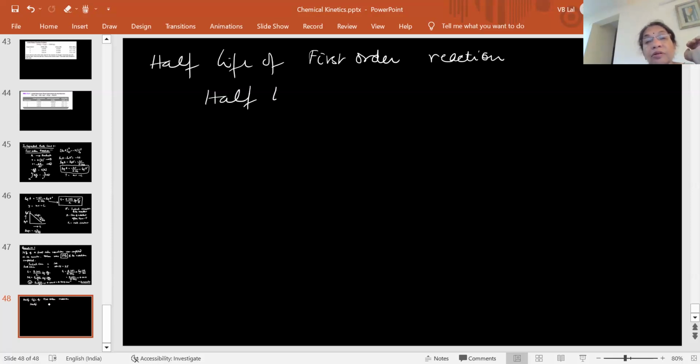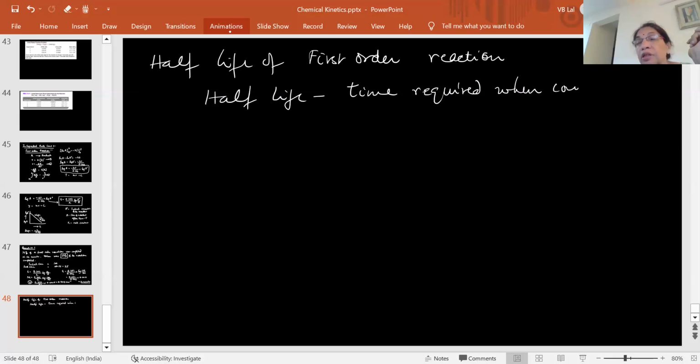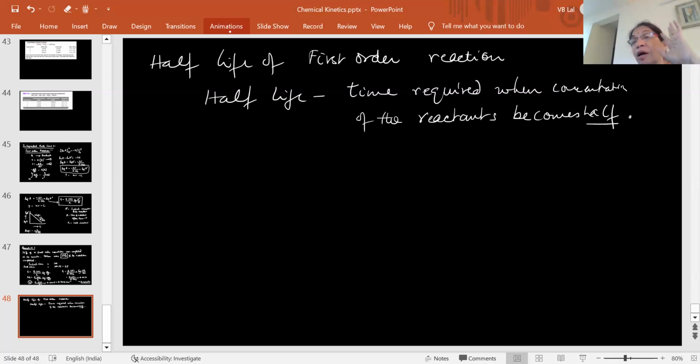Half-life is the time required when the concentration of the reactants becomes half. Okay, that is called half-life.